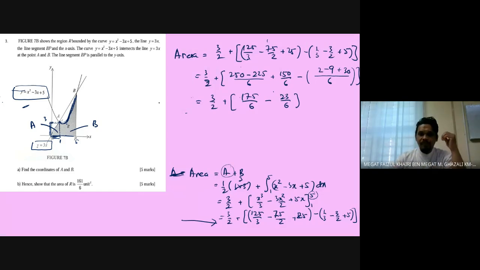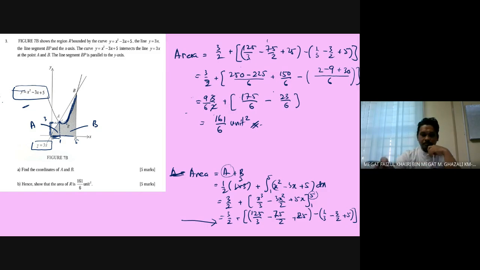So this one here now, make it over 6. 2 times 3 equal to 6. 3 times 3 equal to 9. So now 9 plus 175 minus 23. So the total is 161 divided by 6 unit square.